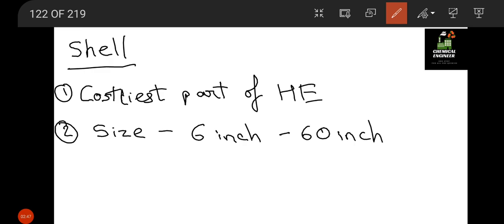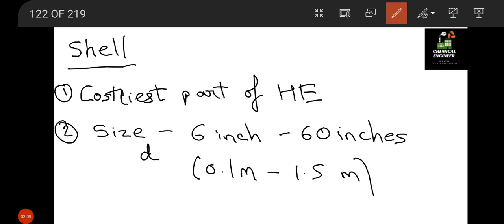All these criteria are fixed by TEMA or IS 4503. Size generally means diameter. If we convert it into meters, it is 0.1 meter to 1.5 meters. So this is the size of the standard shell.